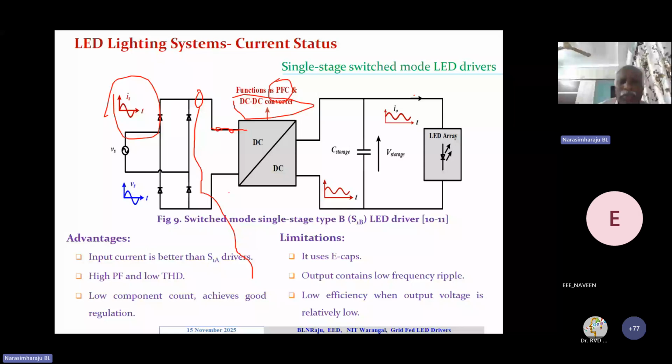Some closed loop PFC operation we need to do, especially in the continuous conduction mode. So there are two ways to achieve power factor correction through these DC converters.